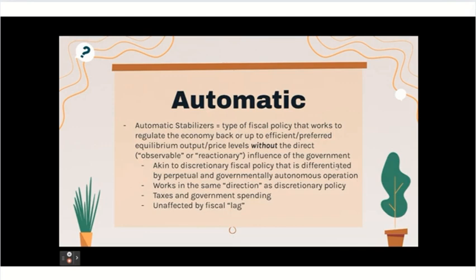That's discretionary. Automatic would be, there's a problem, maybe not an economic one, but maybe there's a political problem, maybe there's a social problem, a socioeconomic problem. There's a lot of overlap here. And if it's an automatic stabilizer, it'll be a tax that's in place, such as our tax brackets, where if you make like $10 a year, you're paying literally nothing in taxes compared to someone that makes $10 million a year.